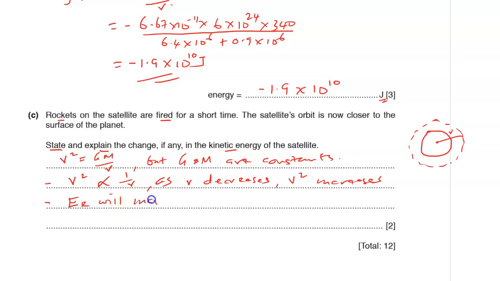The explanation is that we know kinetic energy is equal to half mv squared. So as v squared increases, kinetic energy also will increase.